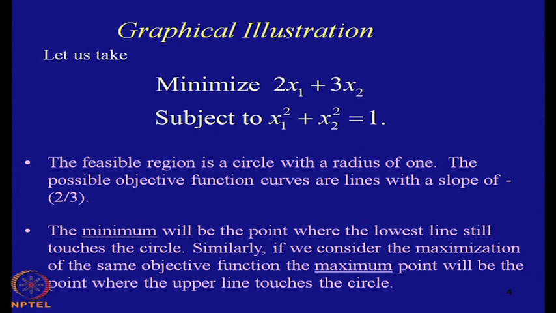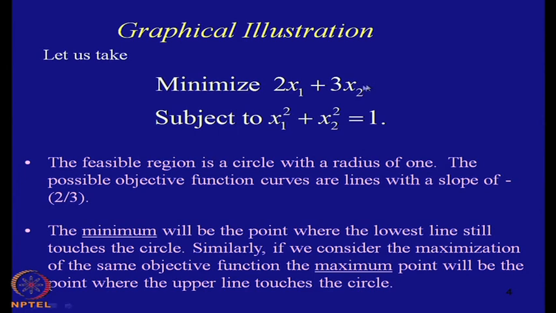The minimum point would be the point where the lowest line touches the circle, and if we maximize the same problem, the optimal point will be where the upper line touches the circle.